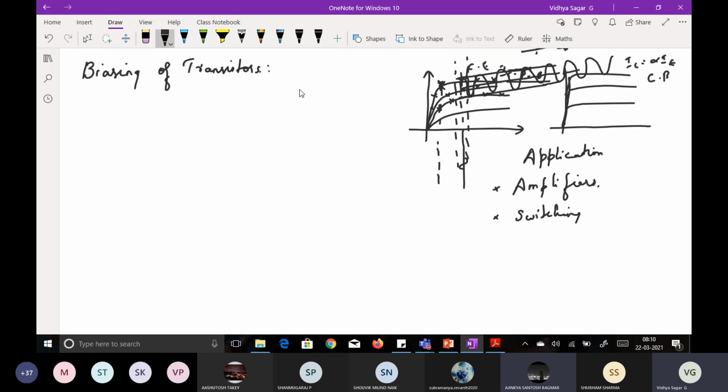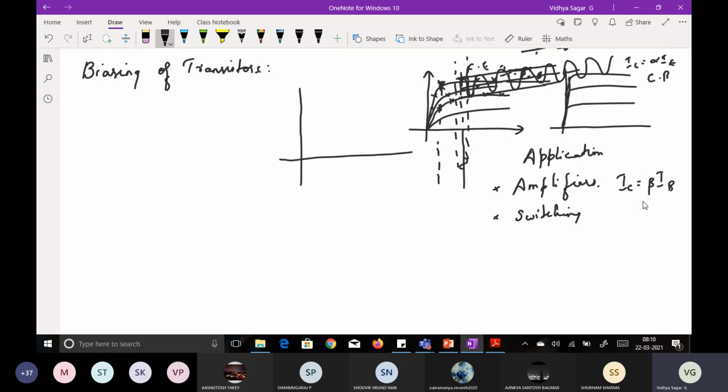Yeah, sure. So we know that equation, right? IC is equal to beta times IB. Fine. So this is nothing but a theoretical calculation that we are going to do.